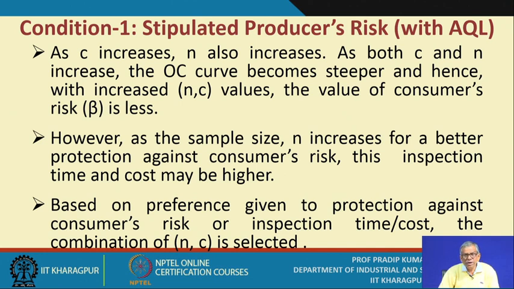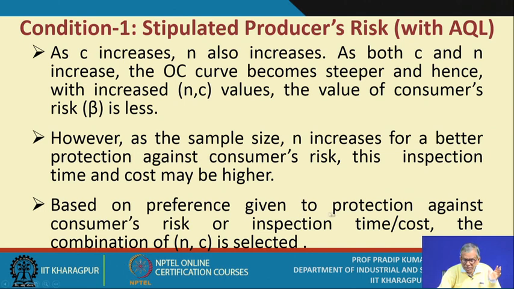However, as the sample size n increases, for a better protection against consumer risk, the inspection time and cost may be higher. Is it okay? So that's why we make decisions whether we will opt for higher values of n or lower values of n.